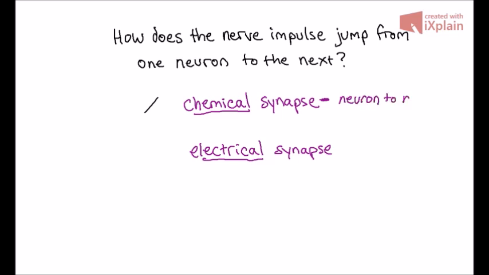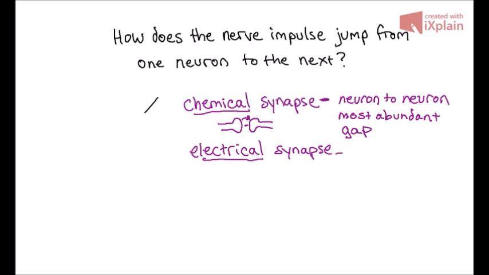Neuron to neuron. It is the most abundant, and it's also neuron to muscles usually. It's the most abundant type of connection. And in a chemical synapse, the synapse itself has a gap to it. So here's the end of one neuron, and here's the beginning of another neuron. And see, there's a little space right here, and it jumps from the end of one neuron to the beginning of the next neuron. It jumps across the gap.